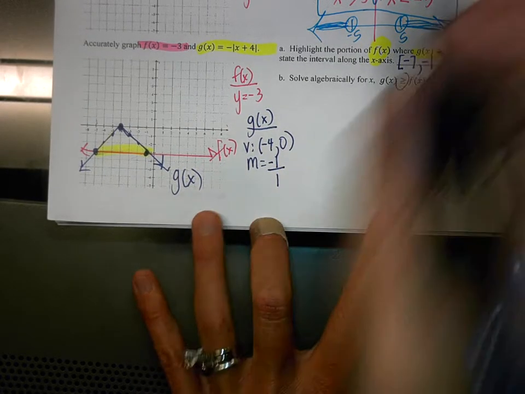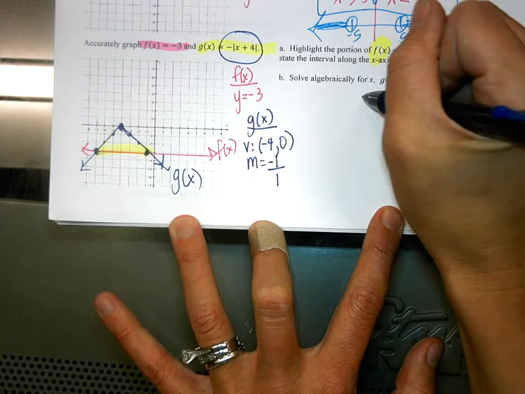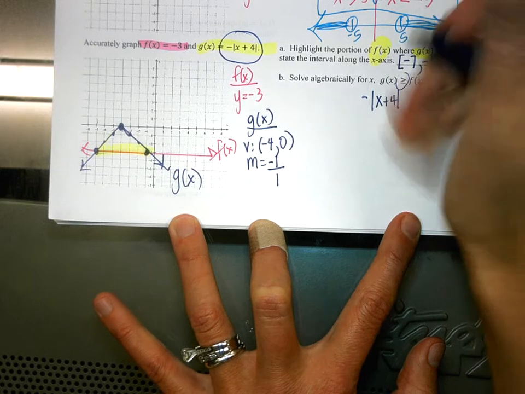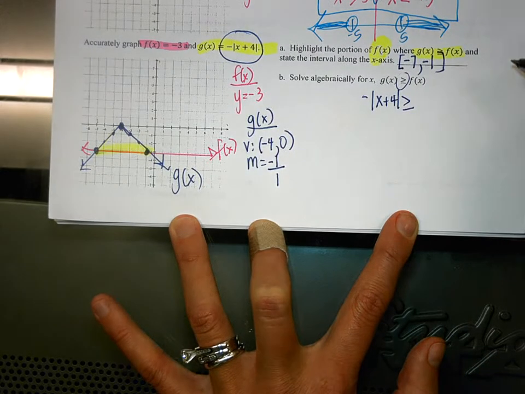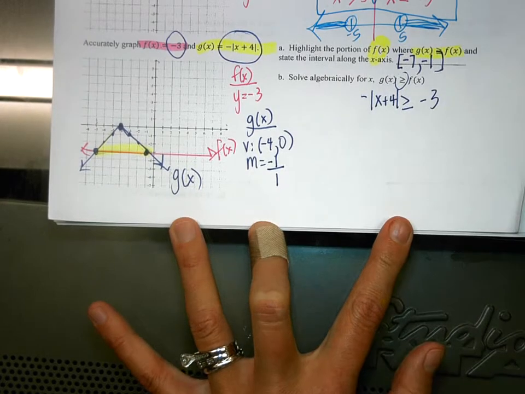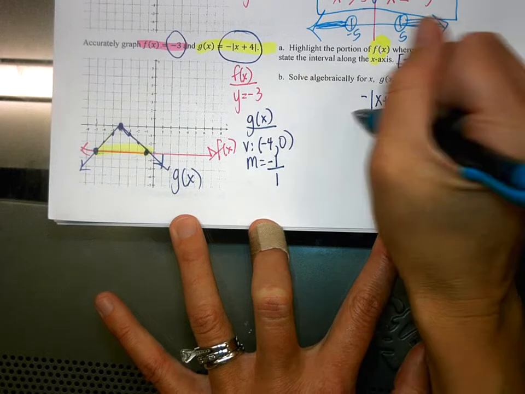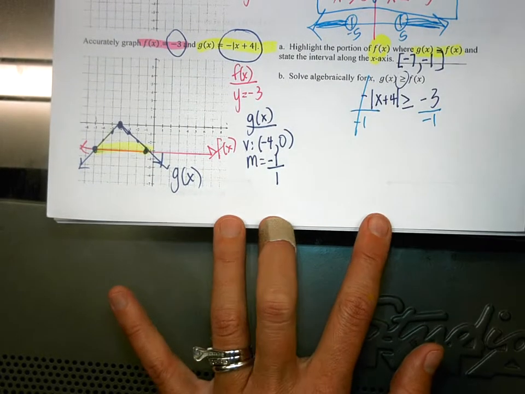What am I going to write for g of x? Negative absolute value of x plus 4 is greater than or equal to -3. What do we do when we have a negative in front of the absolute value? Divide by -1 on both sides. What happens when you divide by a negative when you're dealing with inequalities?